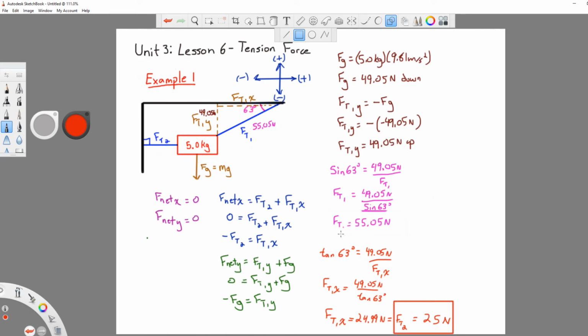Okay, and going back up to Ft1. Alright, Ft1 right here is just 55.05 newtons. So let's make it pretty, back to magenta, and say, whoops, that's not the right tool. This is 55 newtons, Ft1. And there we have it. The two forces based on one force of gravity and two forces of tension.